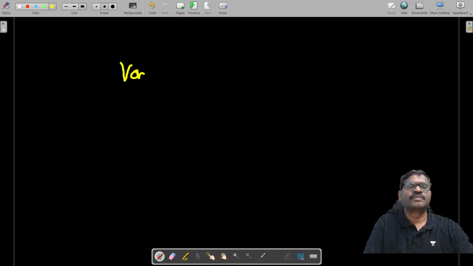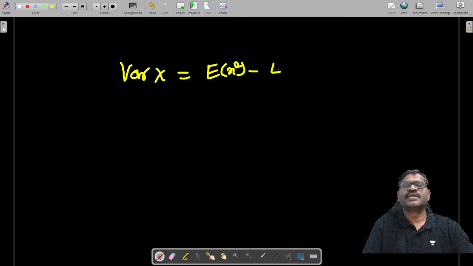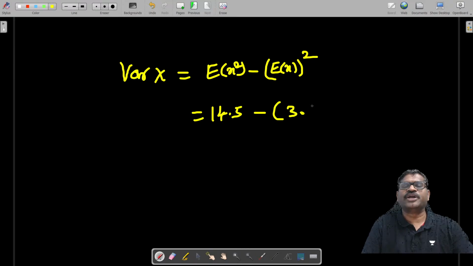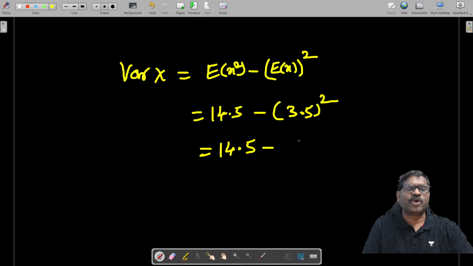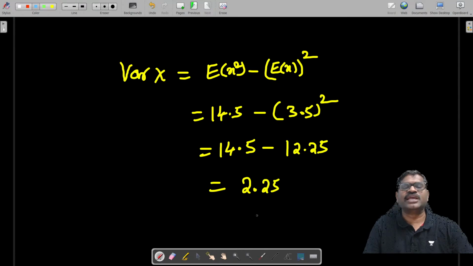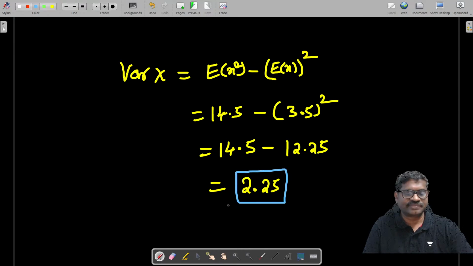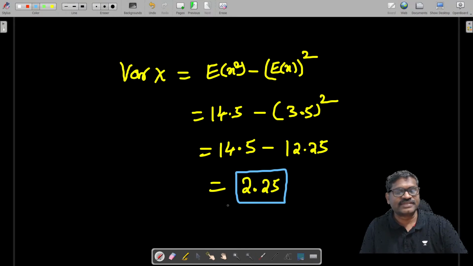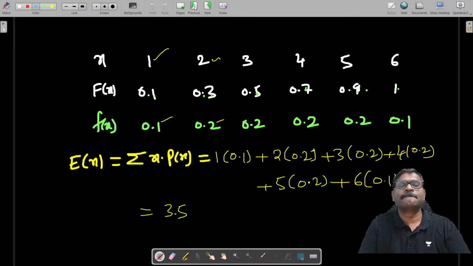Then variance of x is expectation of x square minus expectation of x whole square. 14.5 minus 3.5 whole square, 14.5 minus 12.25. Variance is 2.25.